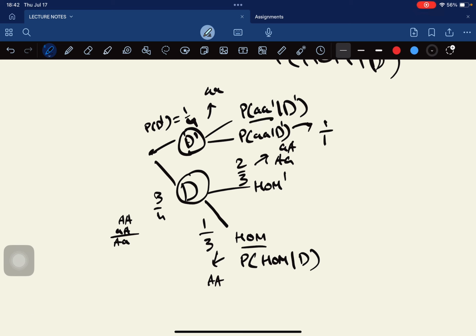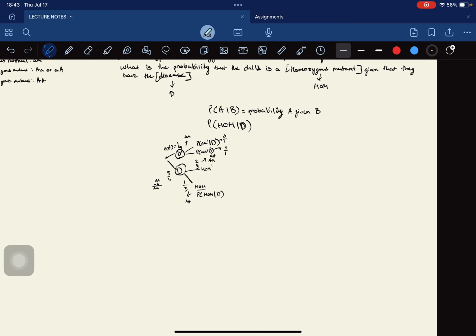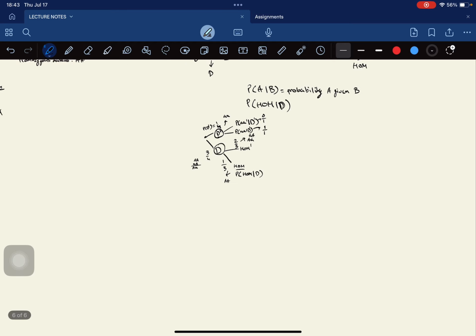For the top part, not an AA, the denominator would still be 1. But what would be the numerator? We don't have anything else, and AA was the only option, so it would be 0 over 1. So it would be 1 over 1, 0 over 1, and that's it. That's pretty much all he explained for that question.